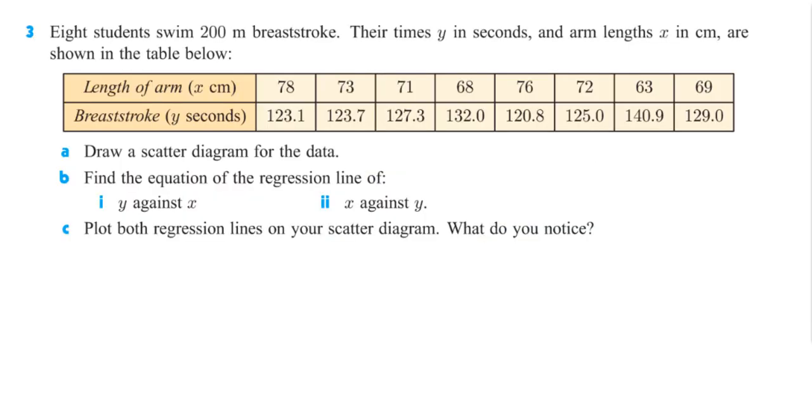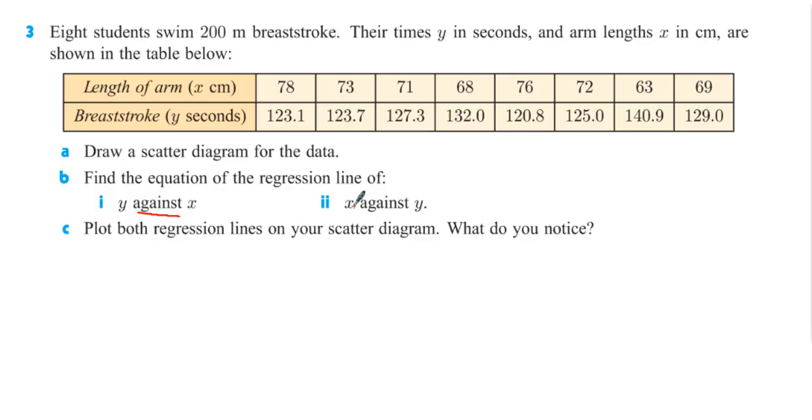So let's see one example now. Question number 3. Here we have data, and they ask us to draw a scatter diagram and find the equation of the line y against x, where we have the length of arm as the explanatory variable and the breaststroke as the response, and vice versa also.